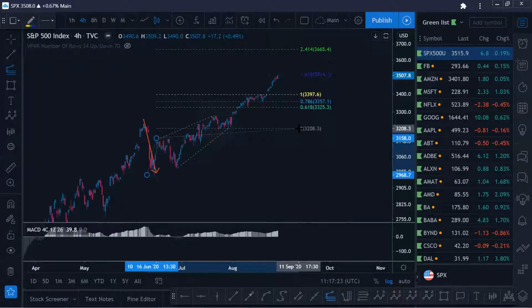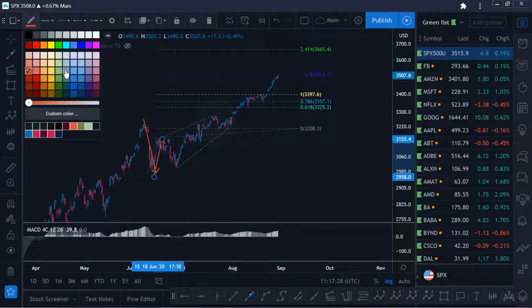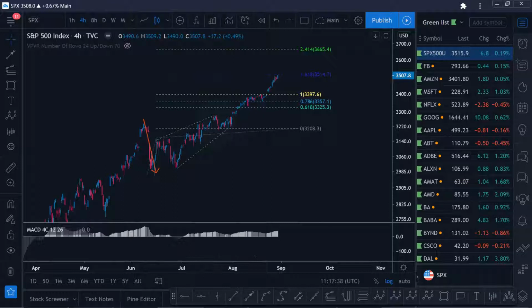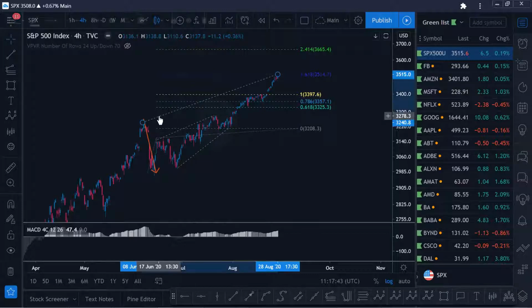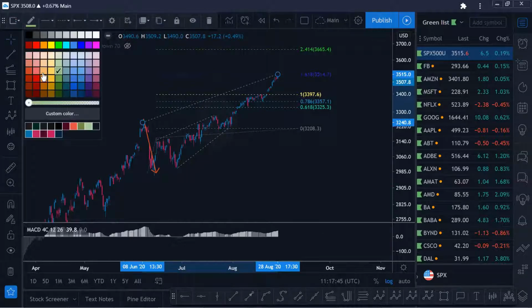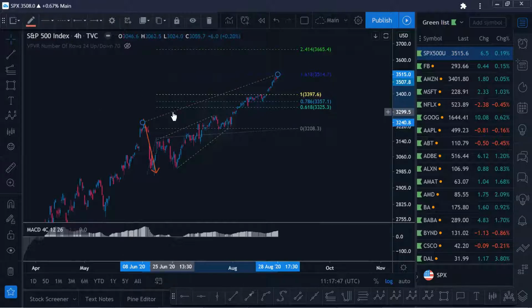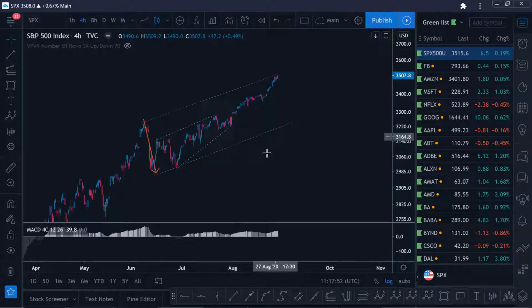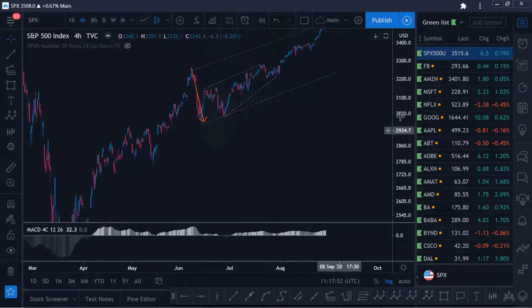As you can see, we are right on that extended wave level for this wave higher in comparison to this wave higher. So what that means is we may potentially see a pullback from this region to complete a large running flat that we've been in for the last few months, basically since June.